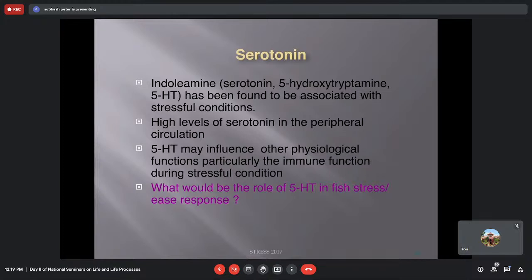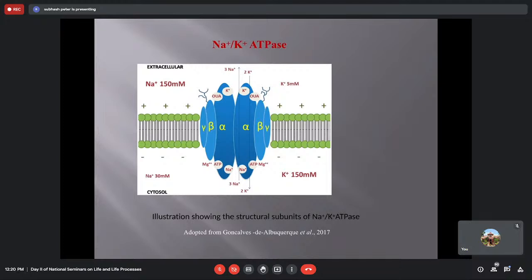So as you see, serotonin is an important neurotransmitter and neuromodulator, acting on different kinds of proteins. For us, we have been very interested in looking at the sodium pump. It is a hydrolyzing enzyme utilizing energy for transporting both sodium and potassium against the gradient that you see here.